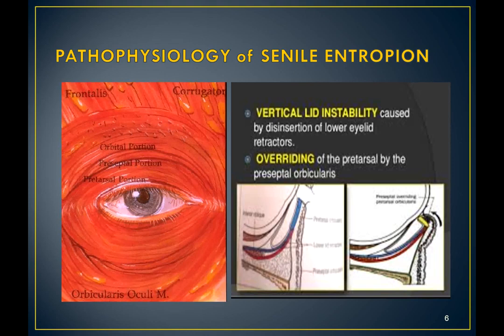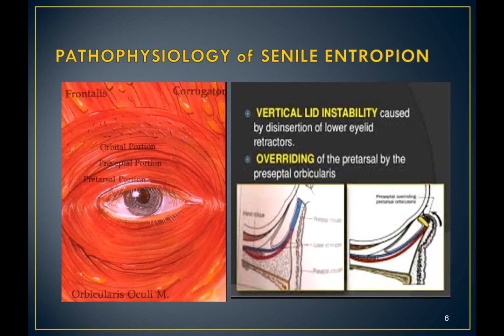They arise from the insertion of the inferior rectus muscle and they are attached to the tarsal plate of the lower eyelid. They keep the lid stretched and vertically stable. As the age advances, two things happen. Keep in your mind, it is involvement of the lower eyelid. Senile entropion involves the lower eyelid.